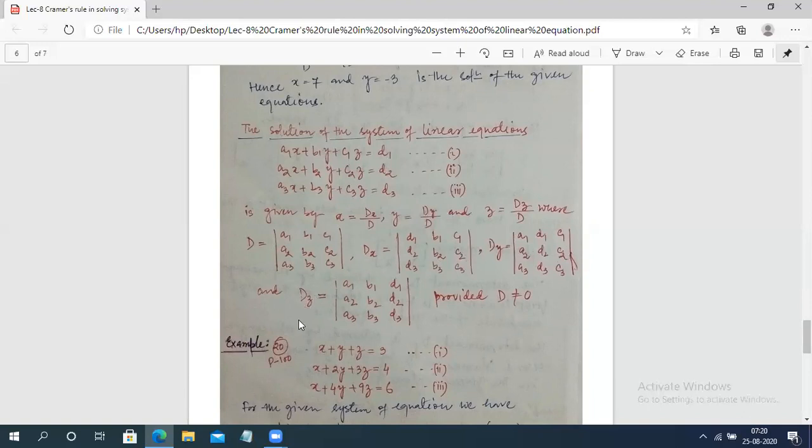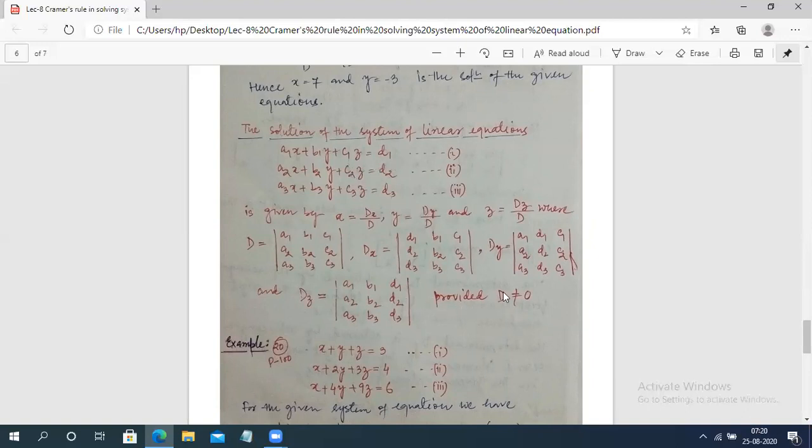Similarly, to find the value of dz, the first and second columns will remain the same. The coefficient of z, that is the third column c1, c2, c3, will change into d1, d2, d3.